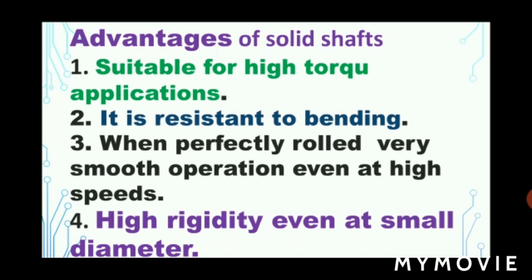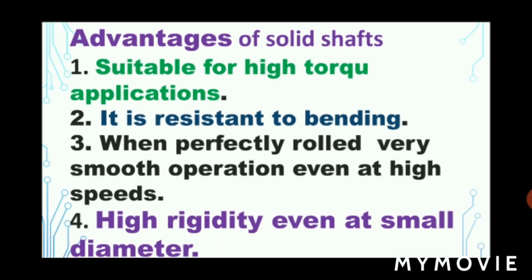Even though you make a very small diameter, it will experience high rigidity. So for high torque transmission, high speeds, very smooth operations, and even for a small diameter, we use this solid shaft, right?